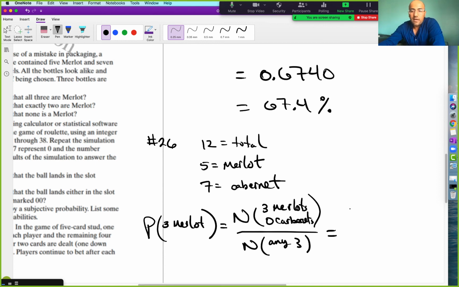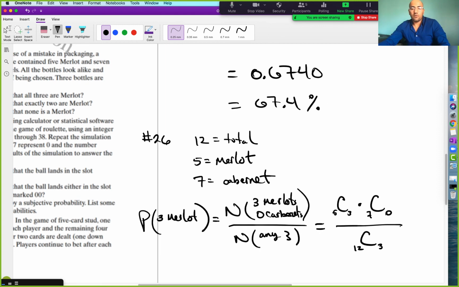So this is going to be combinations of 5 Merlots choose 3, times combinations of 7 Cabernets choose 0, divided by a total of 12 bottles choose 3. This represents the total number of ways in which you can choose any 3 bottles, whereas this represents the number of ways in which we can pick 3 out of the 5 Merlots times the number of ways in which we can pick 0 out of the 7 Cabernets.